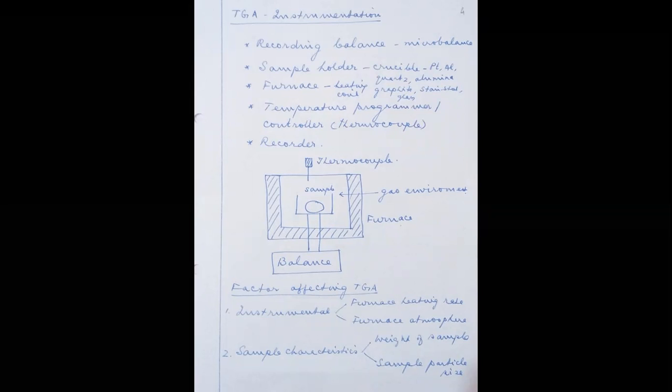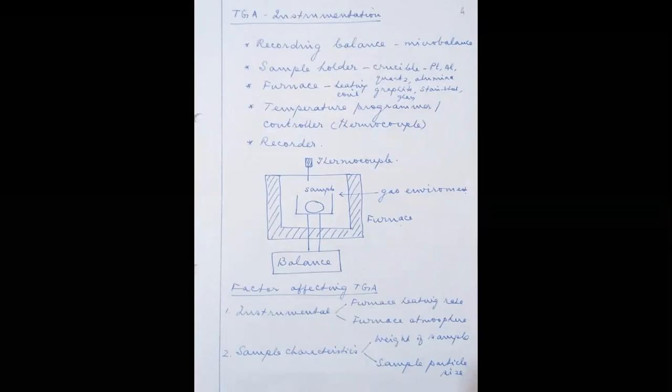Suppose the particle size is very small, then the whole assemblage of substance will have a large surface area. Therefore, the heat exchange is highly efficient. But when the particle size is bigger, the surface area is very less. So the heat exchange cannot be done that easily with the bigger particle sizes.